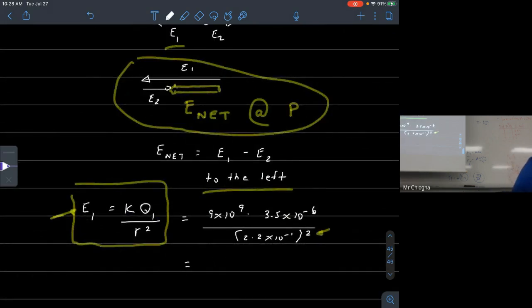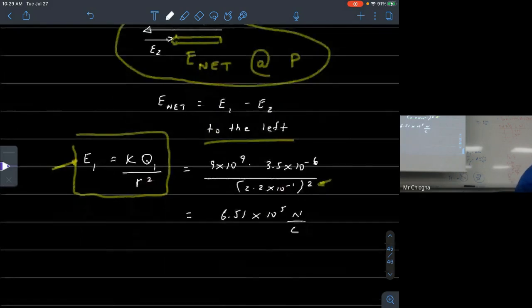Okay, so this works out to be 6, I'll carry an extra digit, 6.51. Did I include the right unit? It's close. It is a force, but it's a force per unit charge. You have to divide it by coulombs. It's how much force is acting on a single unit of charge. That's what electric field is at that point.